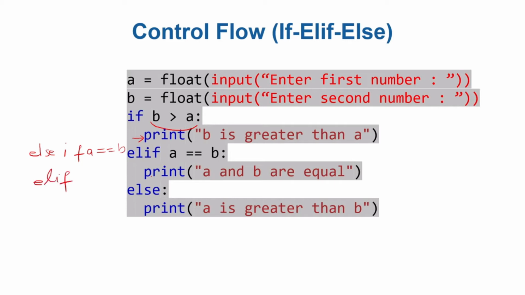We can have several checks, and then else. Else will only execute if all the if conditions or else if parts on top are false, and only then will else execute. So let's see this else if running on Jupyter Notebook.